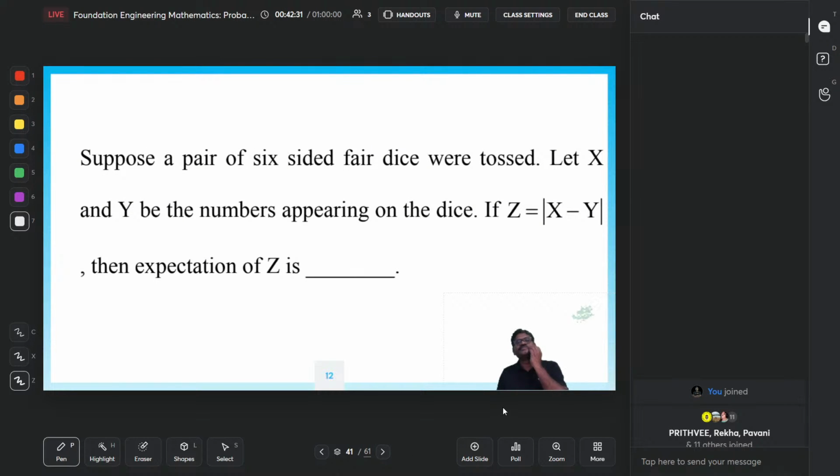Next problem. Suppose a pair of 6-sided fair dice are rolled. Let x and y be the numbers appearing on the dice. If z is the modulus of x minus y, then the expectation of z is? First you have to prepare the probability distribution table.